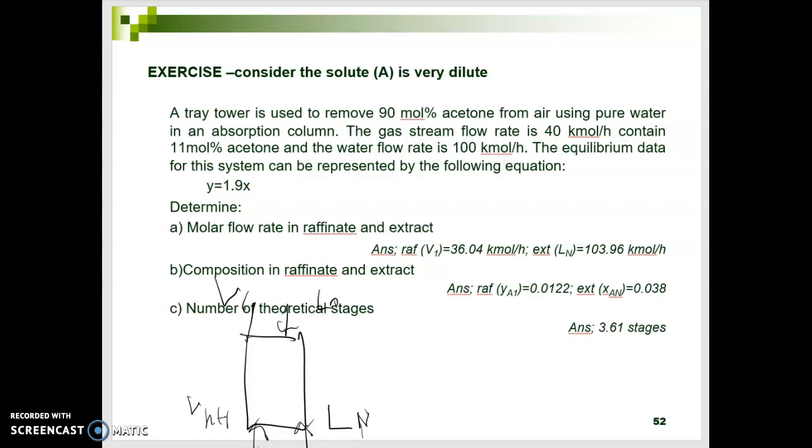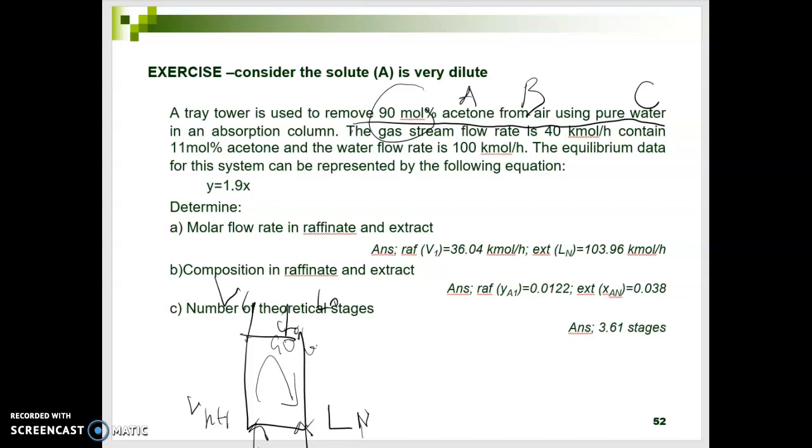How we get the information is by answering the question. A tray tower is used to remove 90% of acetone from air using pure water. First you need to determine A, B, C. A is your acetone, B is your air, water is your C. That means 90% of acetone is being removed using water from the feed stream.